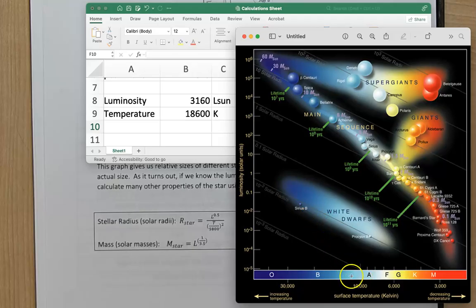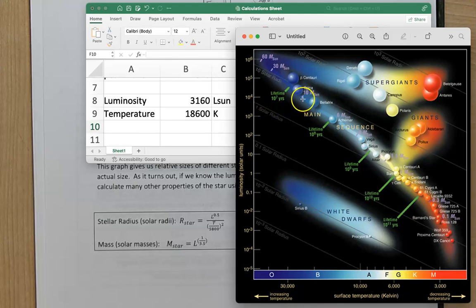Well, here's 10,000, here's 30,000. Look at the tick marks here: 10,000, 20,000, 30,000. So it's got a temperature right about here. So this star has a temperature of 18,000 and a luminosity of 3,000.